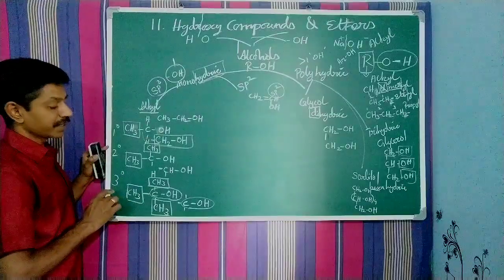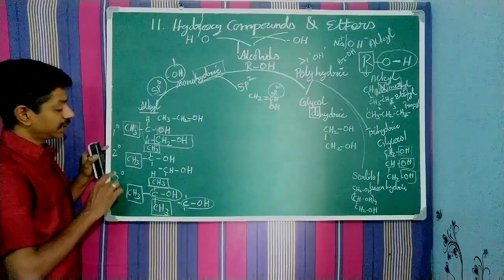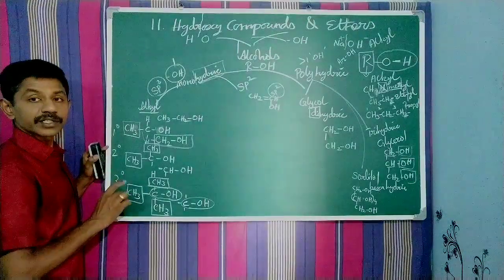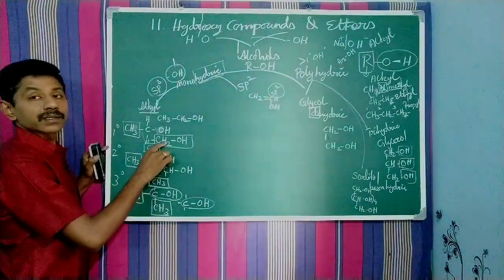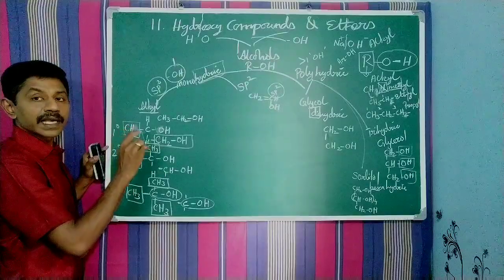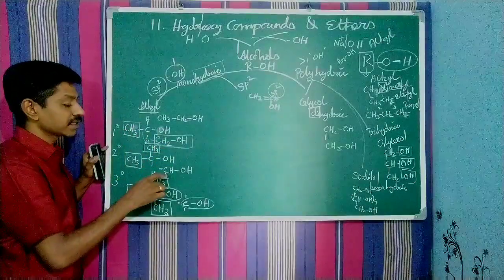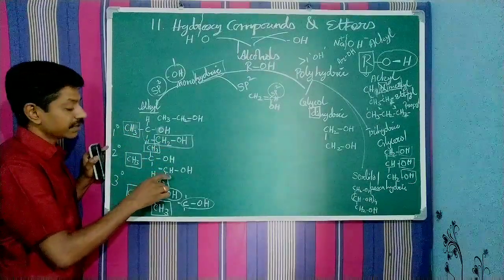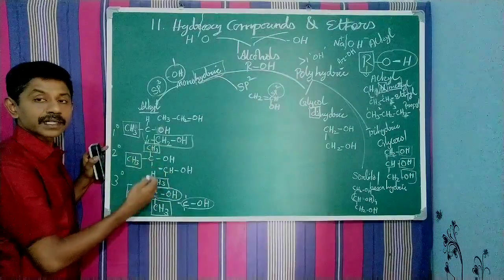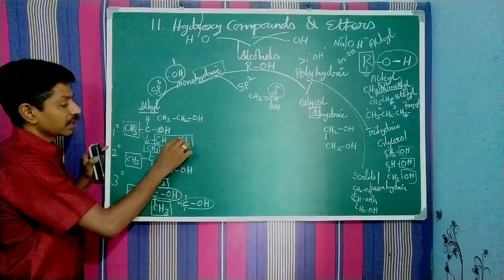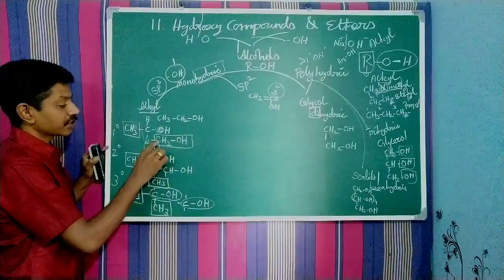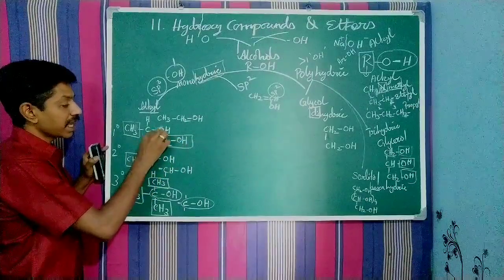And we will be dealing with this primary, secondary, tertiary very deeply, because these hydrogens will go for reactivity in certain cases, and that will differentiate the primary, secondary and tertiary. For example, here the OH attached carbon is called the alpha carbon.